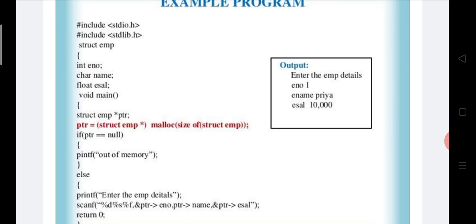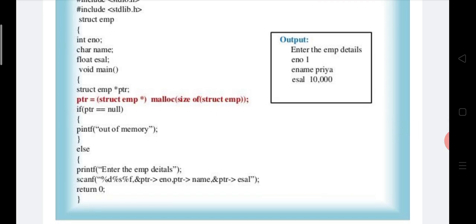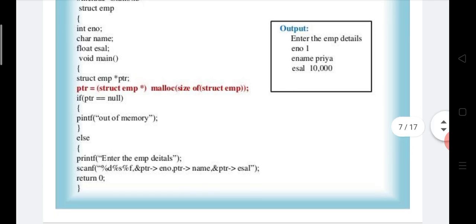Initially, if ptr is equal to null, then out of memory. If memory is not present, meaning the pointer ptr contains null, then out of memory will be executed. If malloc allocates some amount of memory to the pointer variable ptr, then it enters the else statement.